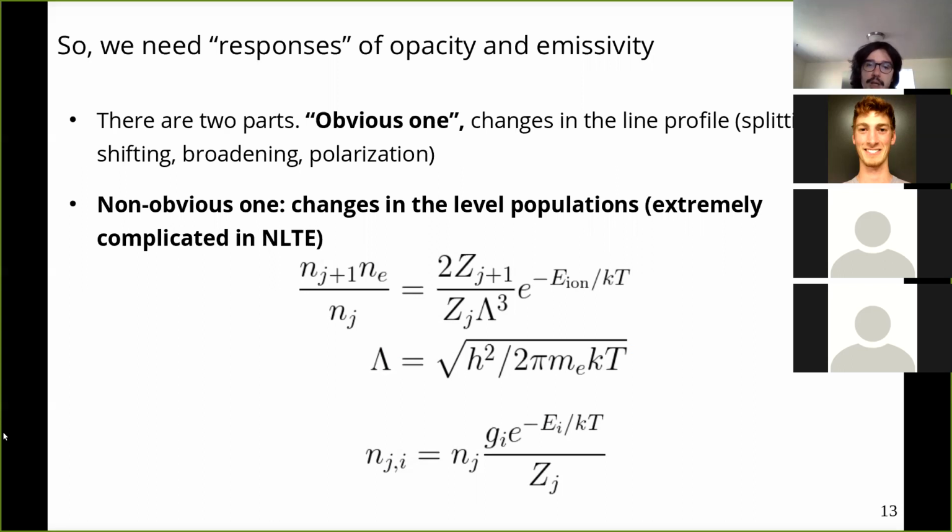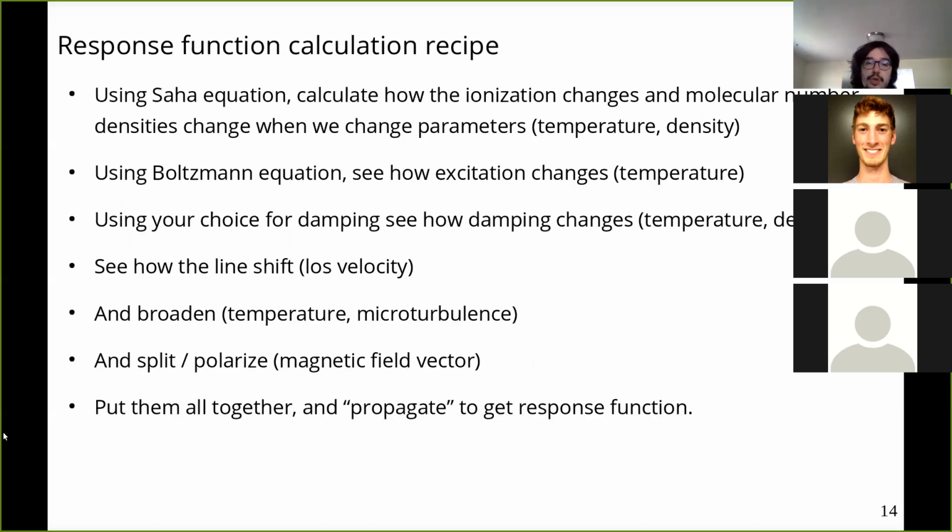Now imagine finding the derivative of all this process. It's a big, big, big amount of work, but it can be done. And when you do that, you will be rewarded with the capability to calculate these powerful response functions. So the whole flow chart, or a recipe for how to calculate the response functions, would be something like that.